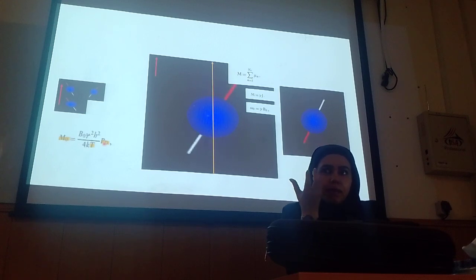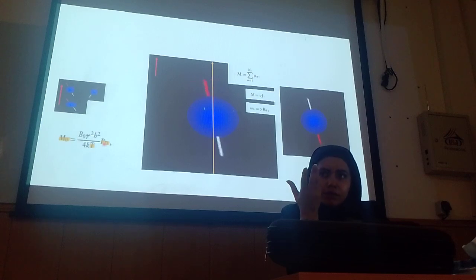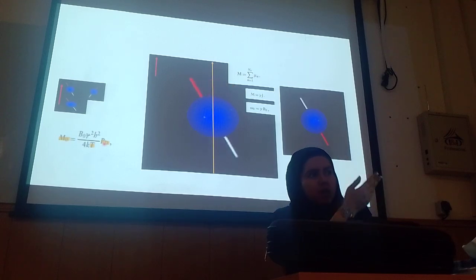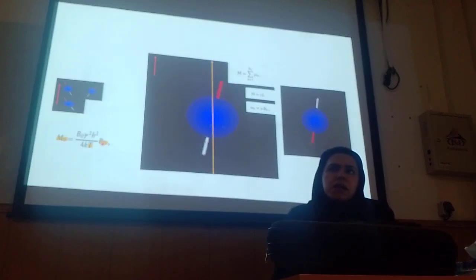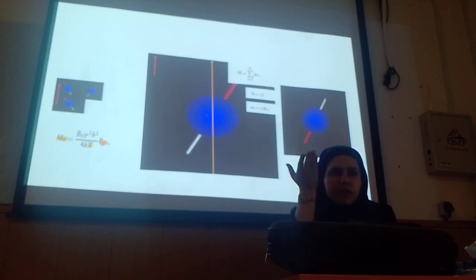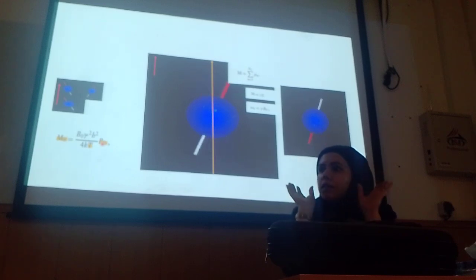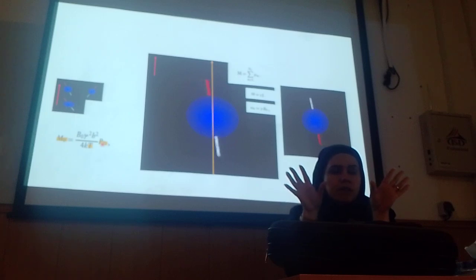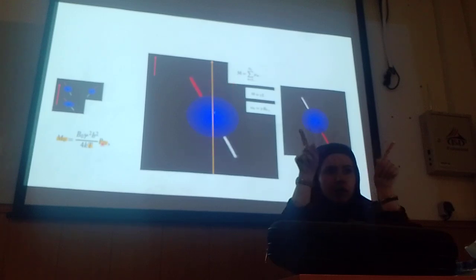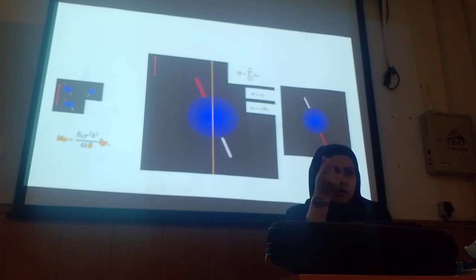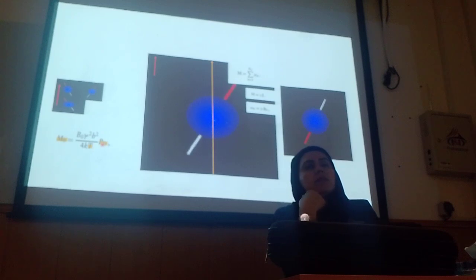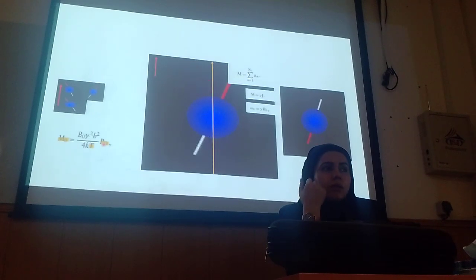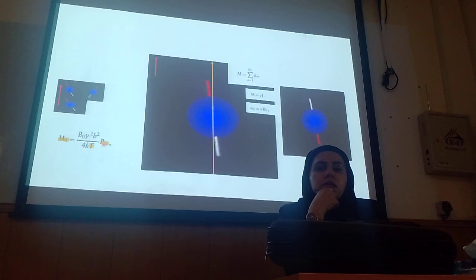Because I expect a specific gray level or color for this tissue based on the value of proton density. We can see the contrast using gray level, using the value on the image, using some number on the image. So we can identify whether this tissue is normal or is a lesion.